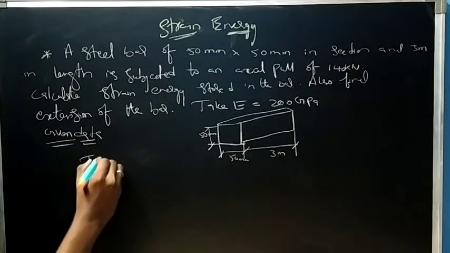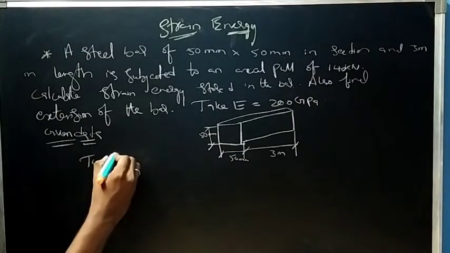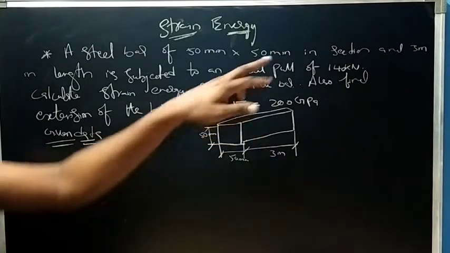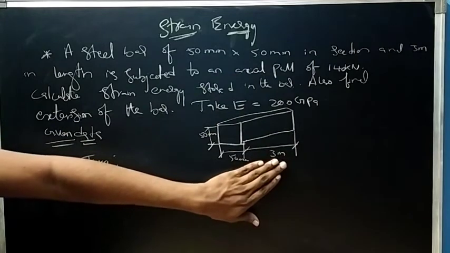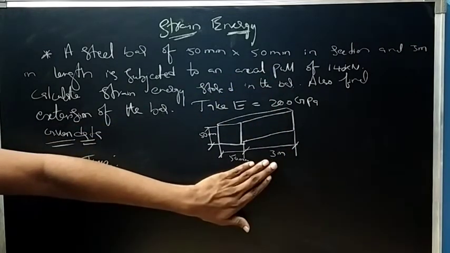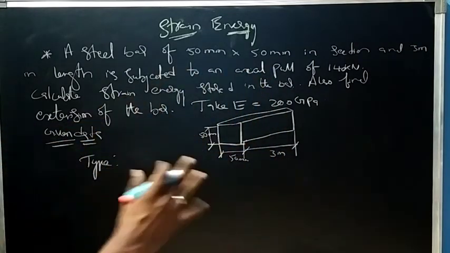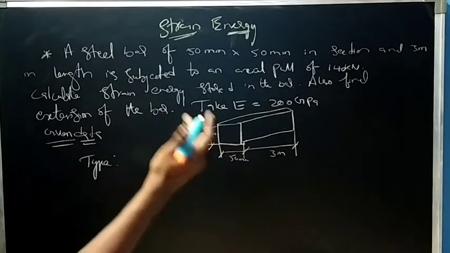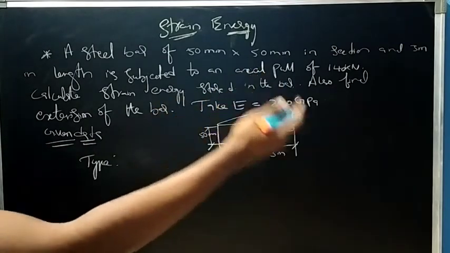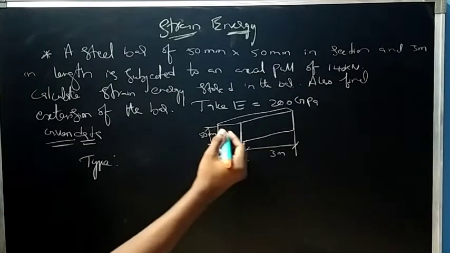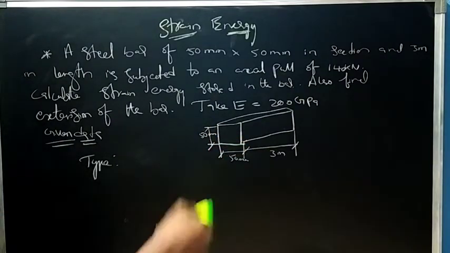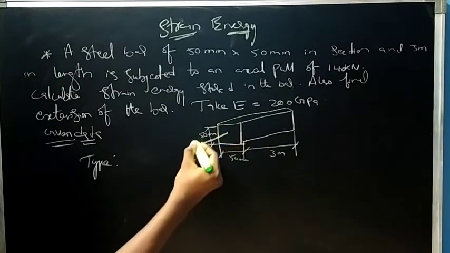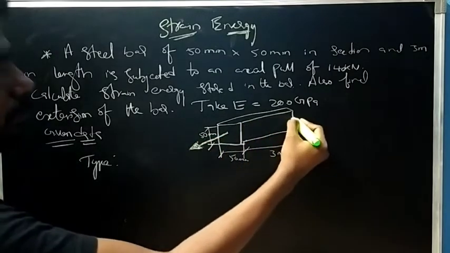So what type of load? It is a gradually applied load, because if you apply an axial load on a UTM, that is a universal testing machine, it will apply step by step. That means this kind of loading is known as gradually applied load.